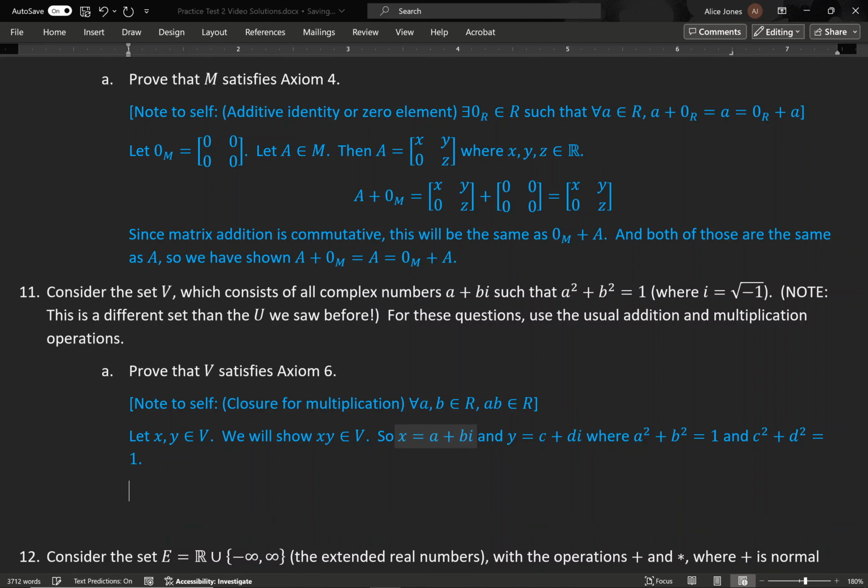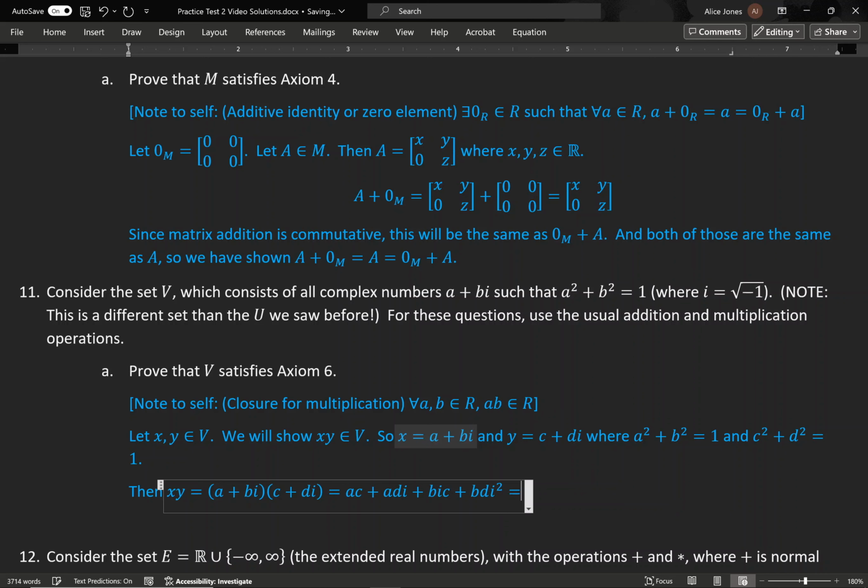Okay, so then I'm going to do xy. I'm going to multiply these together. So it's a plus bi times c plus di, and I'm just going to FOIL this out. So it's first, outer, inner, last, bd i squared.